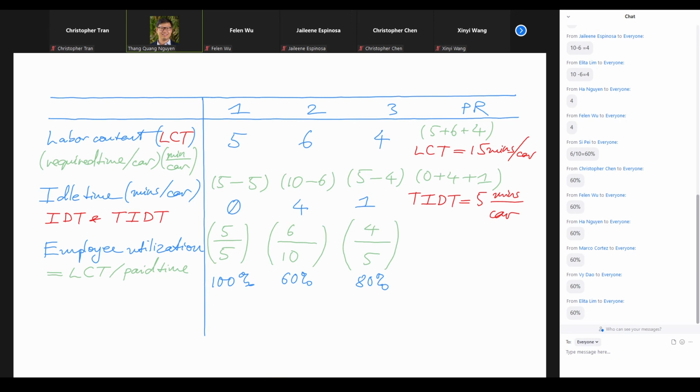But at the end of the day, we want to calculate the average among the utilization here. So the next step is we need to calculate the average labor utilization.